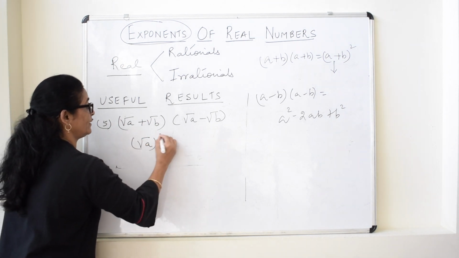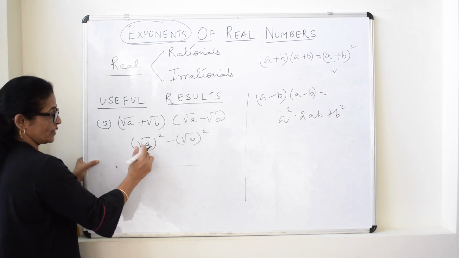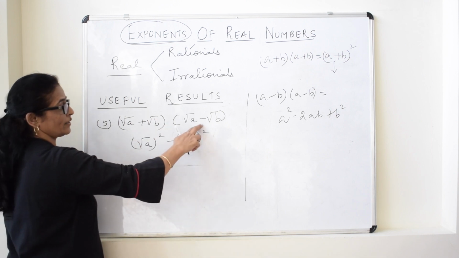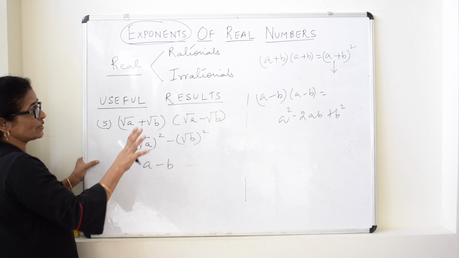Ultimately, you will be getting this. Clear? So this will give us a − b. So one positive, one negative will lead us to a² − b². So this is a − b.